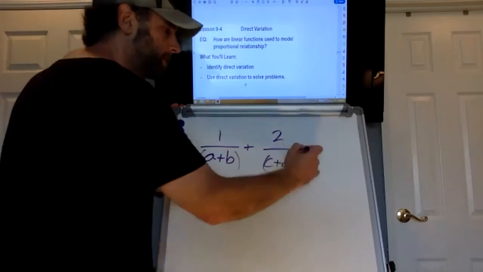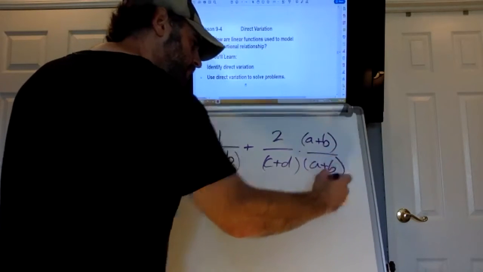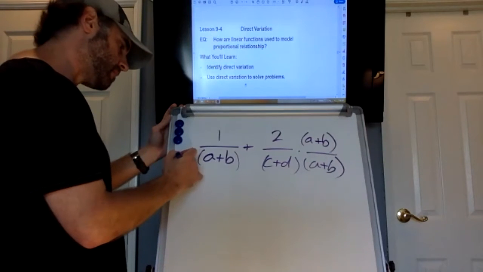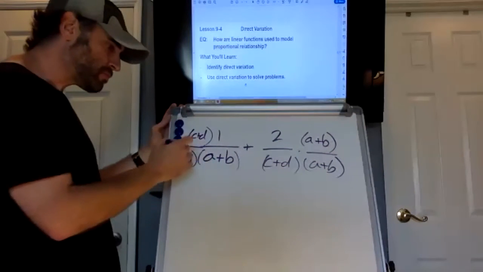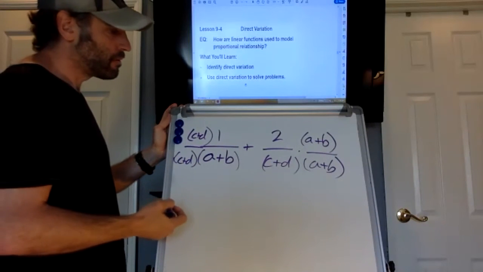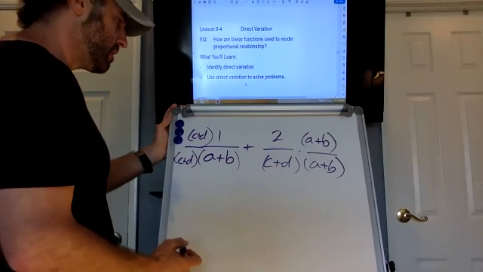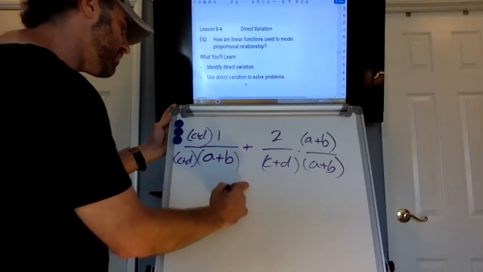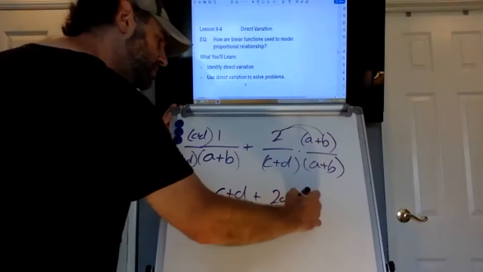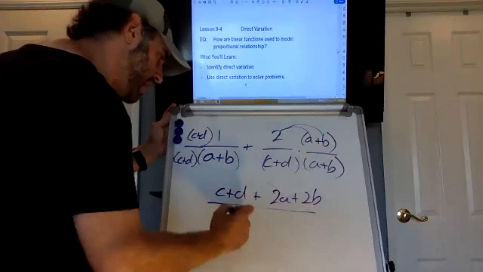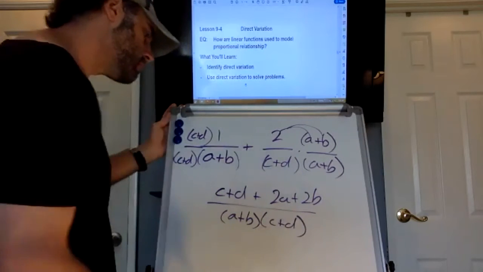It would be c, a, b, and I'm really multiplying by 1, aren't I? But what this does is it gives me the same denominator. So 1 times c plus d is c plus d, plus 2 times a, and so you'll have 2a plus 2b all over 1 denominator, ab times cd.